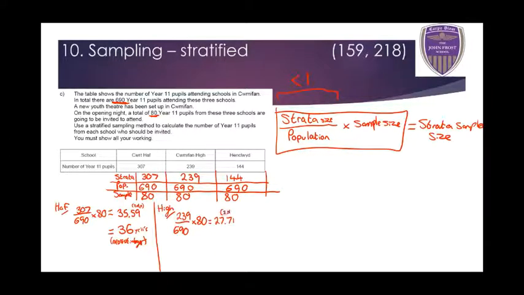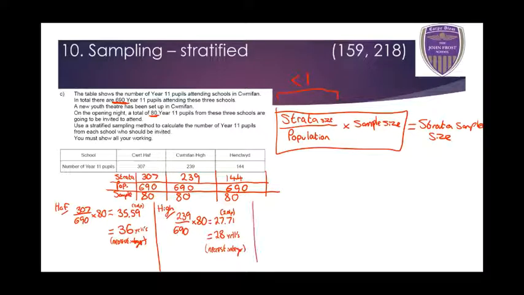This is to 2 decimal places. We don't like that, so we're going to round it to the nearest whole number, which is 28 year 11s from Cumulative High. Again, this is to the nearest integer.